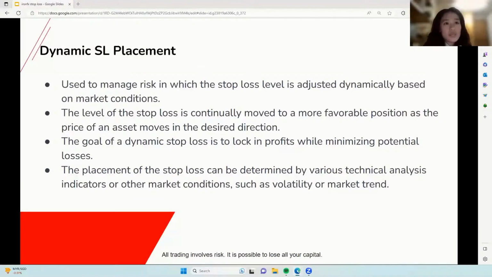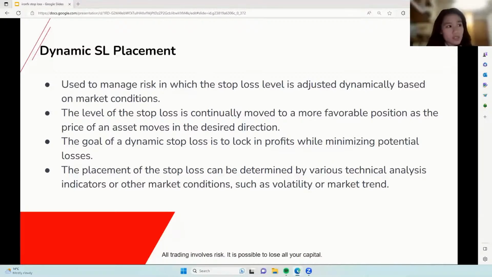Okay, so now we're going to talk a bit about dynamic stop loss placement. That's what we talked about in the previous few slides, which is precisely why dynamic stop loss placement is so important. If you're wondering what exactly a dynamic stop loss is, it's a trading strategy used to manage risk in which the stop loss level is adjusted dynamically based on market conditions.